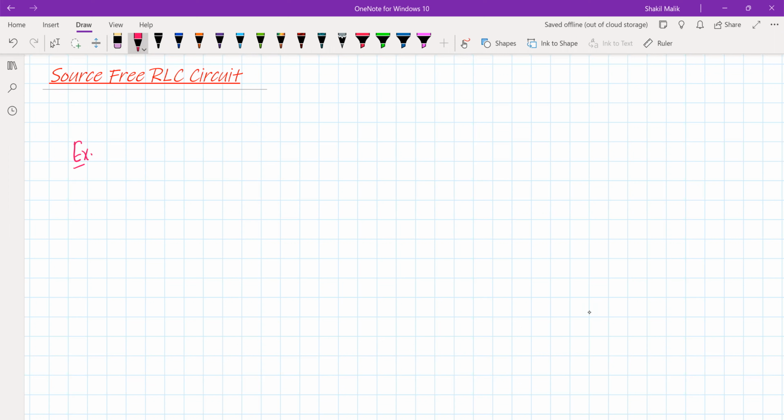So let's suppose we have a network. This is a very simple example of this RLC network. Let's suppose we have a capacitor here, a resistor here, and an inductor here.